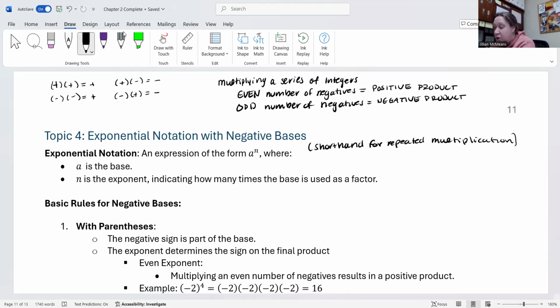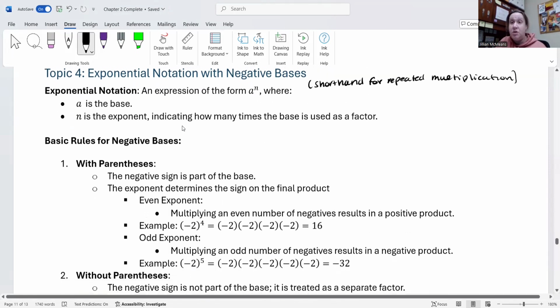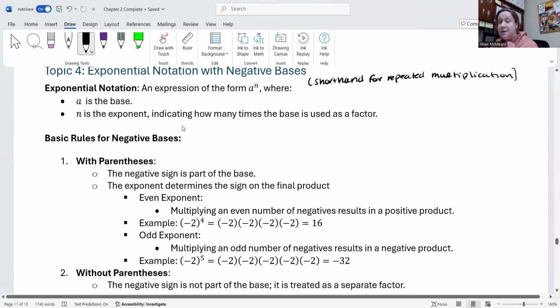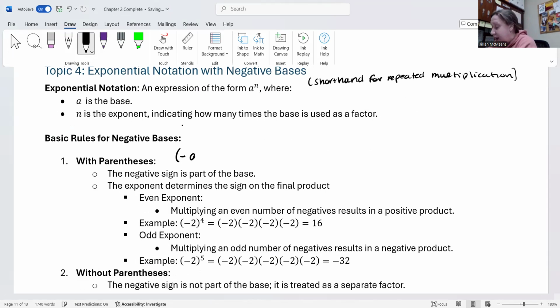When your base, a, is negative, you have to look for two different conditions. So we have basically two situations that can arise. Let's look at the first one. When you have a negative base, you can have a situation where the base is in parentheses, something like (-a) to the n. That negative and that a are married together with those parentheses.